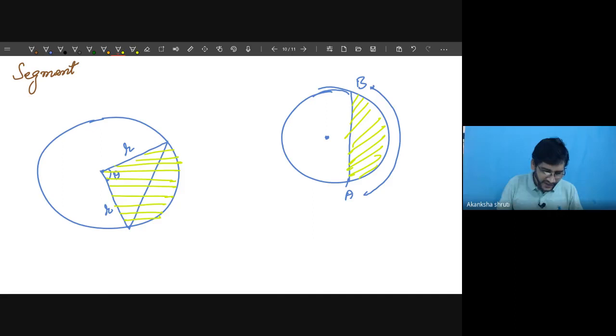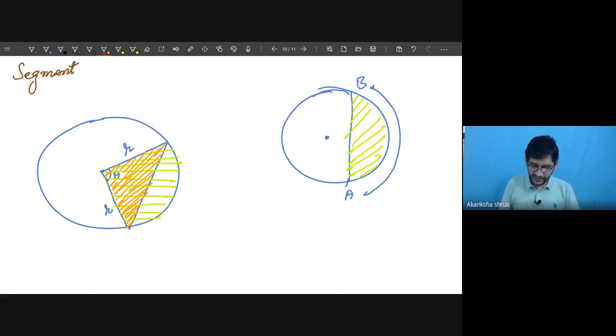Okay. Now if we are focusing only on the triangle, what is the triangle formed? The triangle is like this one. This is the triangle. From this we can easily understand that the segment is nothing but the difference of the sector and the triangle formed with reference to their center.